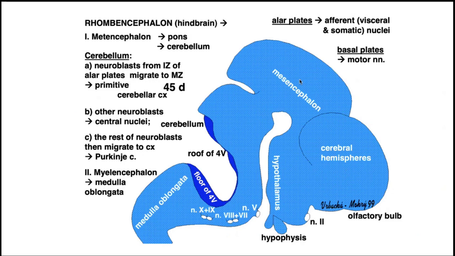Here we have our mesencephalon, and then our rhombencephalon, which is composed of our metencephalon and our myelencephalon. The metencephalon is going to be composed of your pons and your cerebellum, and you're going to have your myelencephalon, which is going to be composed of your medulla oblongata.